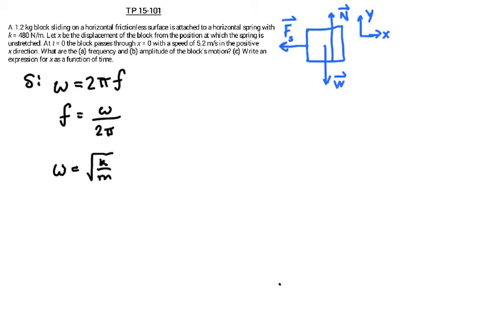Alright, so I'm going to do this work in blue to kind of separate it from the problem itself. So here we have a picture of our block. Notice that I've isolated my block. I've labeled all of the forces that are applied to our block, and those are the normal force, our weight force, and the force due to the spring. Now remember, at time 0, the block is passing through equilibrium and stretching out.